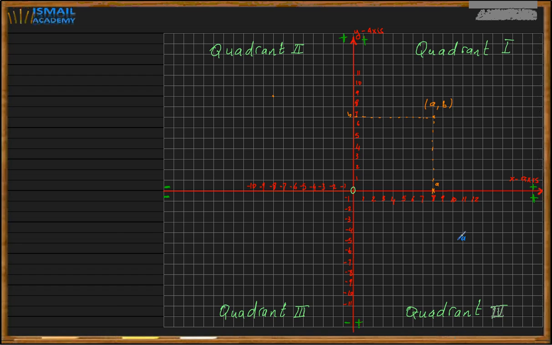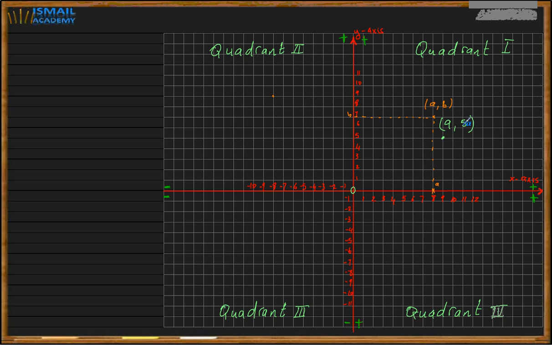The difference between the quadrants is the sign of the coordinates. As you see here, in quadrant 1, the y coordinate is positive and the x coordinate is positive. So for whatever point in that quadrant, the two coordinates are both positive. Like here, the x coordinate is 9 and the y coordinate is 5.